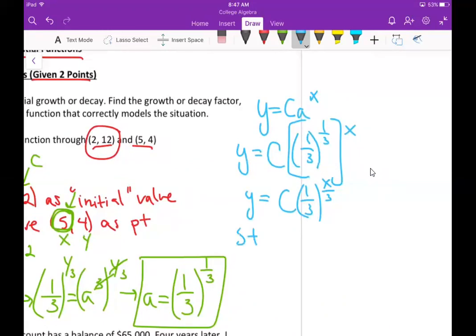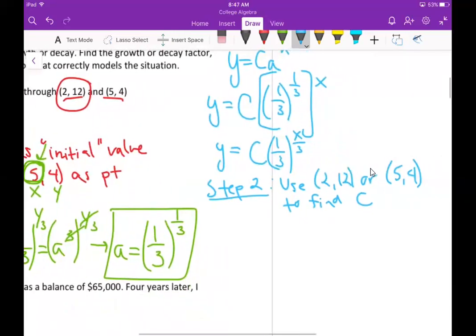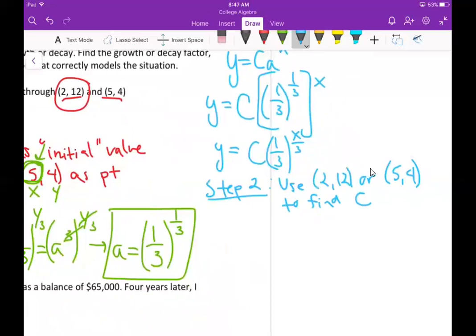Step 2 now is going to be to use either point. It doesn't matter if you use (2, 12) or (5, 4), use either of your original points to find the c value. So you're going to use either of these points as an x and a y and find the c. Let's do that.